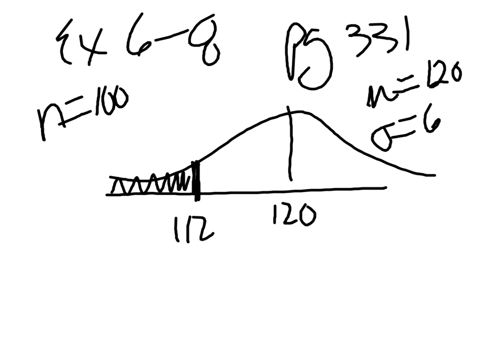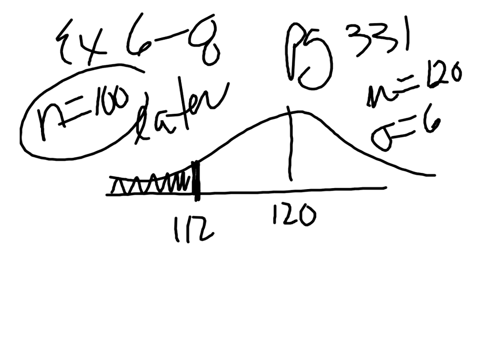And if we multiply that times 100, it will tell us the number of concerts out of 100 that would have decibels less than 112. It's wordy, but we'll do it the right way. Let's just concentrate on our answer.